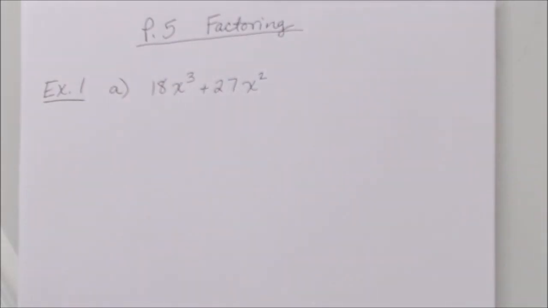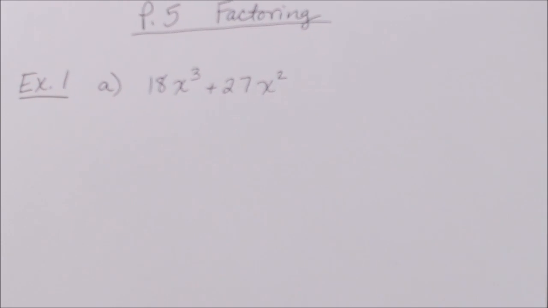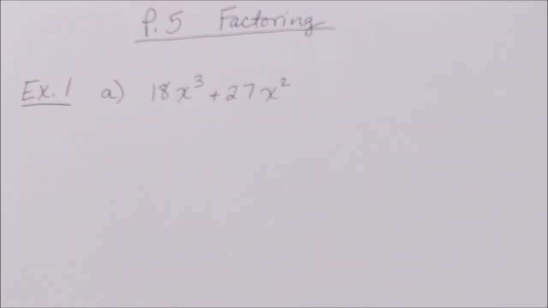So what I want you to take a look at is look at the two numbers first. Your numbers are 18 and 27, and think about what is the largest factor that goes into both 18 and 27. 3 works, 3 goes into both of those. However, something bigger works, and that would be 9.